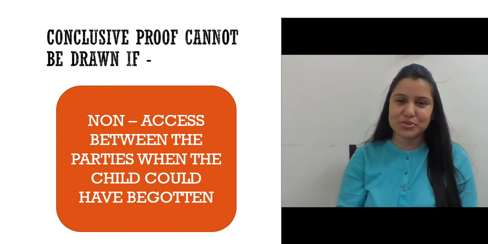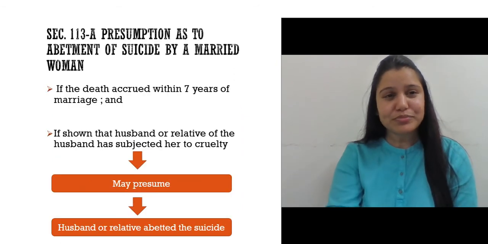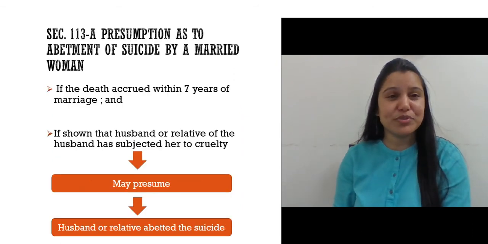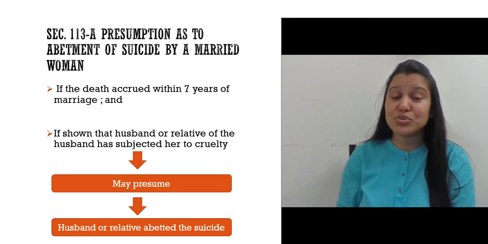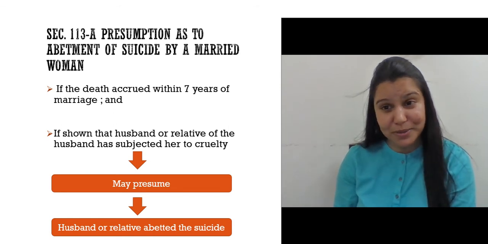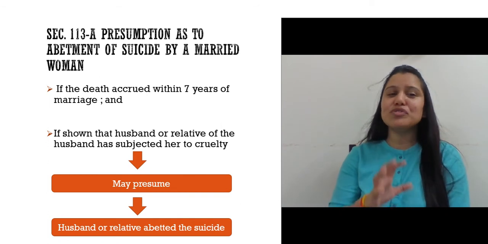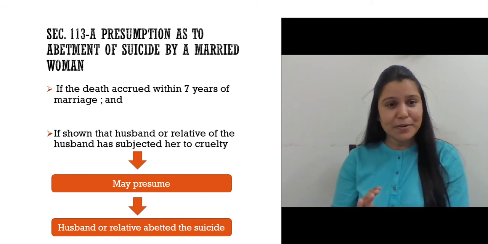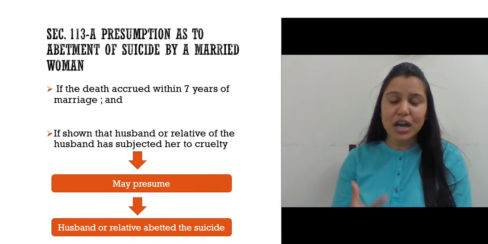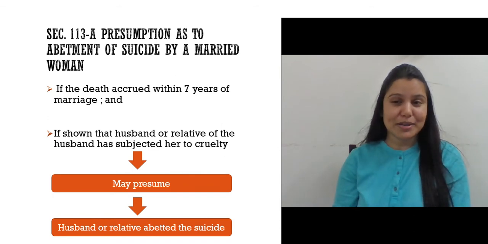Right? With this, let's move on to section 113A, which talks about presumption as to abetment of suicide by a married woman. Now, what happens under this section? There are these conditions which have to be followed. The first one, the death should have occurred within 7 years of the marriage.